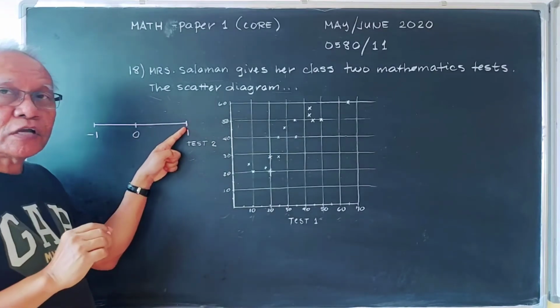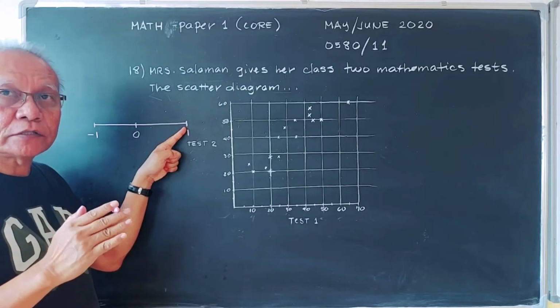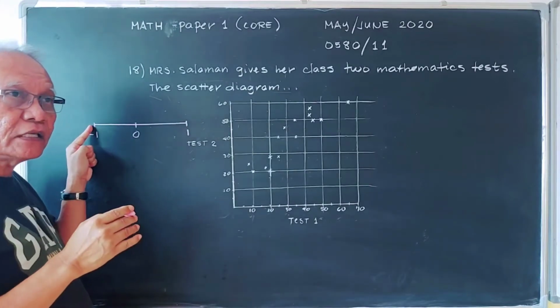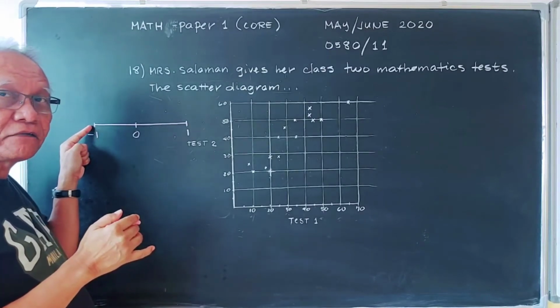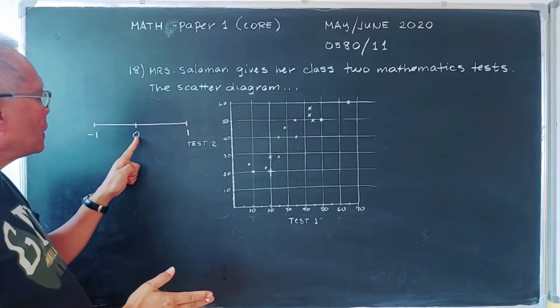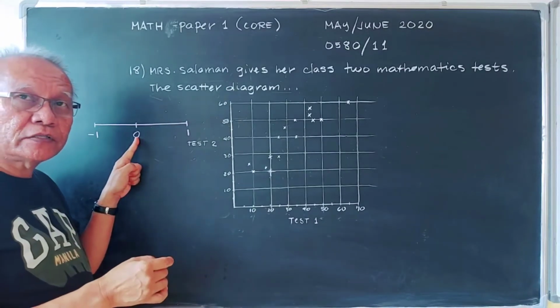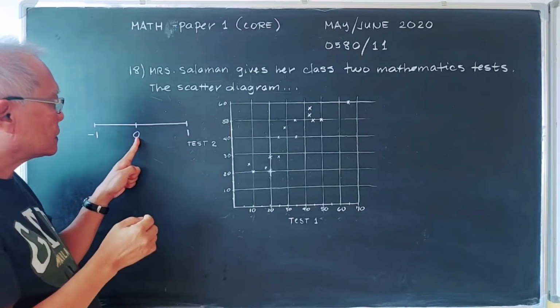If we have a correlation of positive 1, it is a perfect correlation. If we have a negative 1, it's also a perfect correlation, but it is negative. It negates the relationship. When we have a zero correlation, we don't have any relation between the quantities.